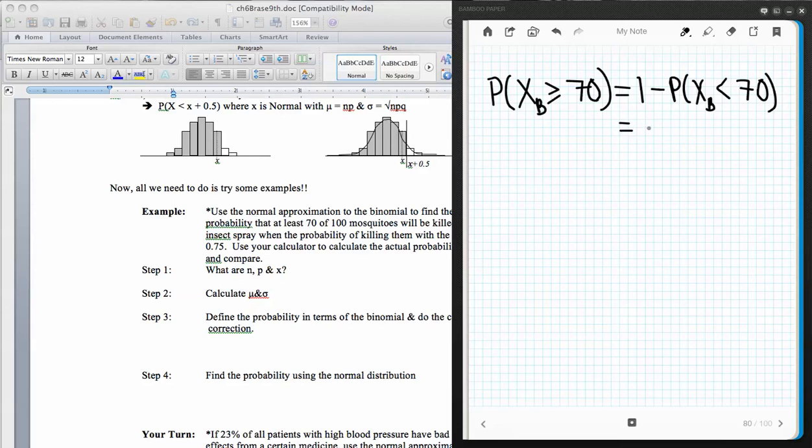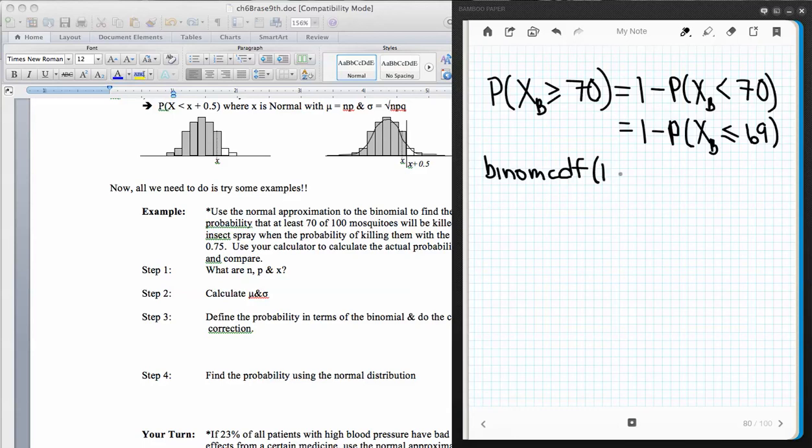But being less than 70, remember, is being less than or equal to 69, because the binomial cumulative distribution function needs values that are less than or equal to.